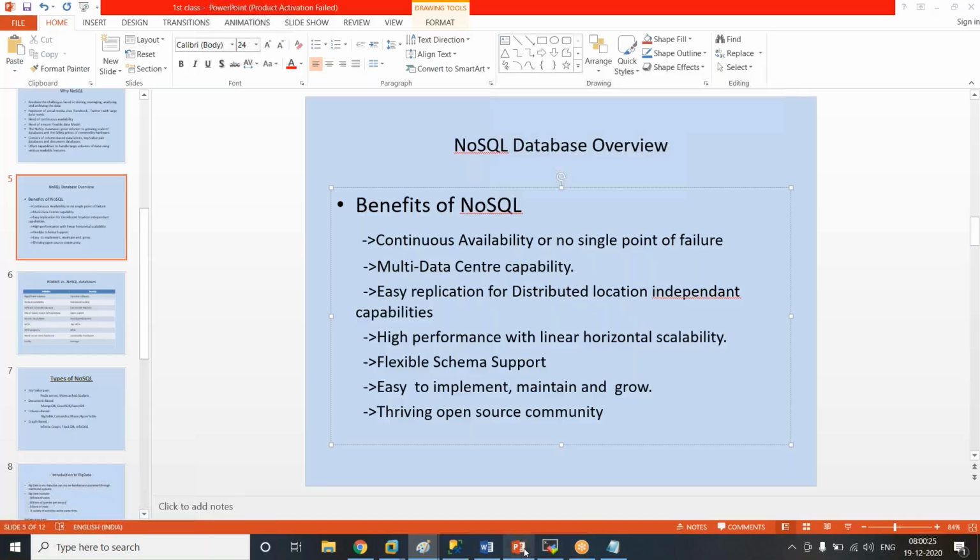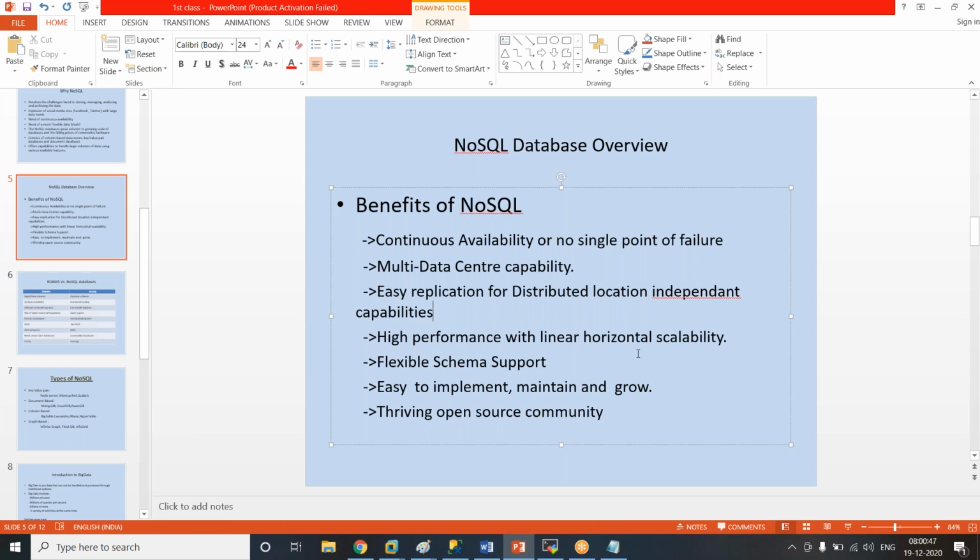So multi-data center capability can be done at the replica set layer. It offers easy replication for distributed locations and independent capabilities. You can easily distribute, because the computing model is distributed and the data also gets distributed to different data centers.